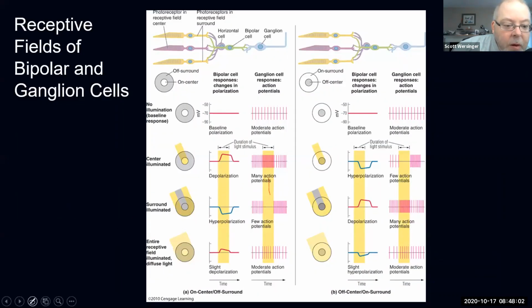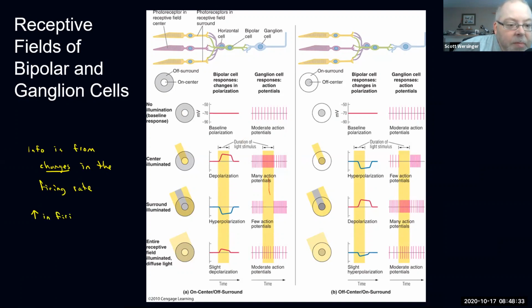Okay, your body is going to get information from changes. Okay, so info is from changes. This is key, from changes in the firing rate. By firing rate, I mean action potentials, right? So an increase in firing means something.